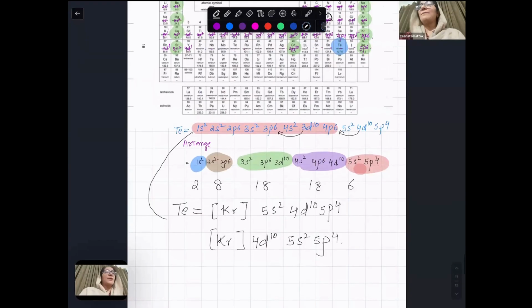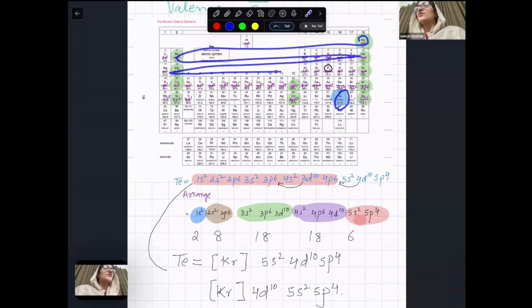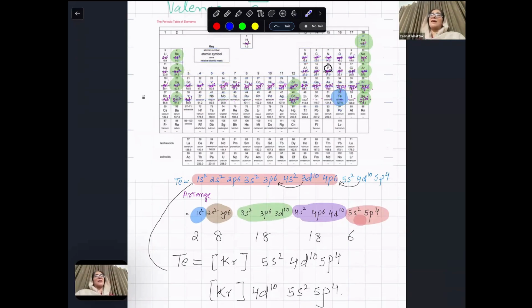I'm repeating this again. Suppose they ask me to do the full configuration of tellurium, which is not possible, I know up to krypton is in your course: 1s2, 2s2, 2p6, 3s2, 3p6, 4s2, 3d10, 4p6, 5s2, 4d10, and then this. But you have to arrange them in order of the quantum shells. Shorthand: before tellurium is krypton, so krypton, 5s2, 4d10 and 5p4. That's it.